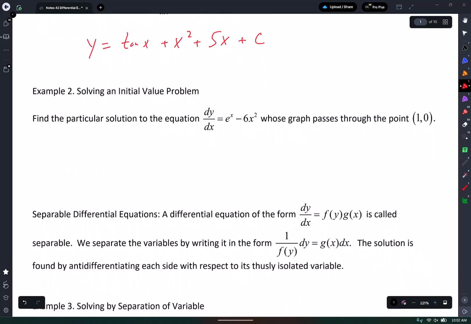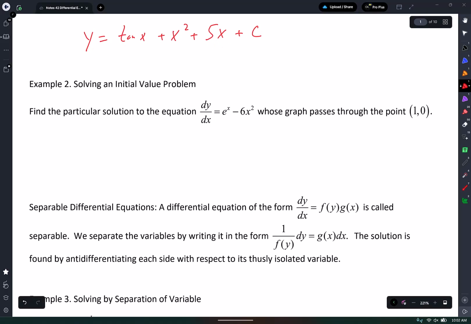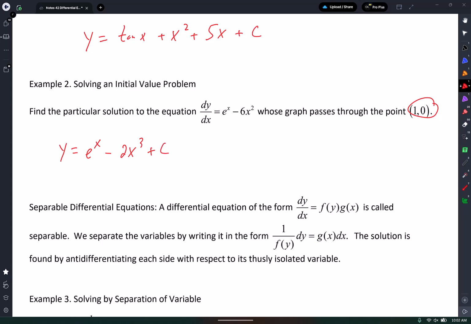Maybe you've also been doing something like this with initial value problems. It says find a particular solution to the equation, with graph passing through the point (1, 0). So again, same thing. I want a specific equation. The antiderivative of e to the x is e to the x, and then the antiderivative of 6x squared is 2x cubed, right? Add 1, divide by that number. And then I put a plus c, and then I use this initial condition to give me my c.